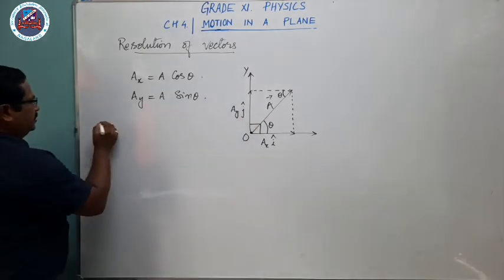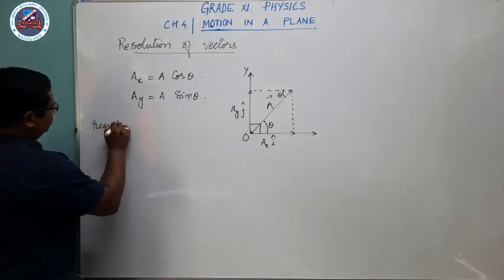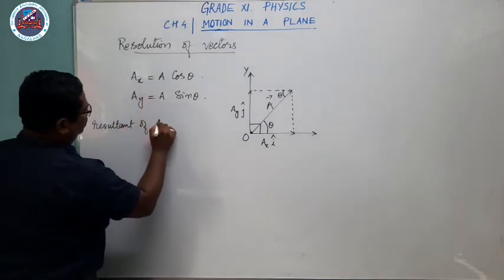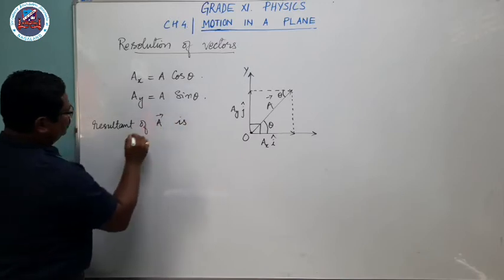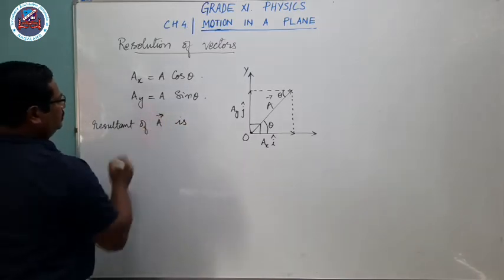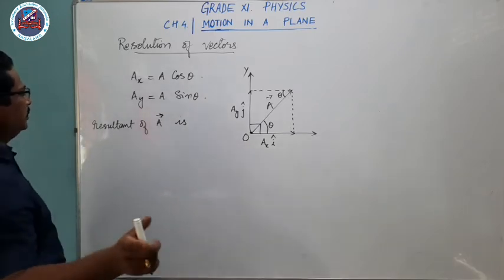Now, what is the resultant value of vector A? Then you can find like this: one by one, if you find it will be better.